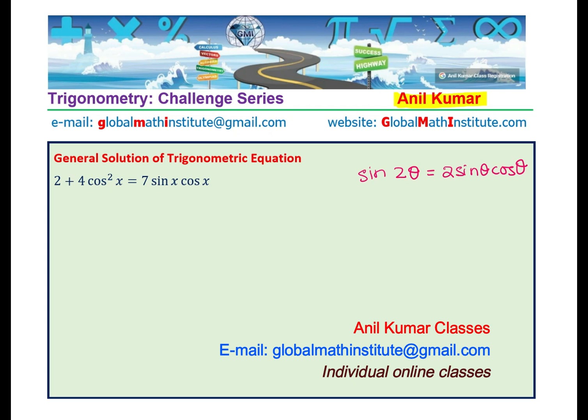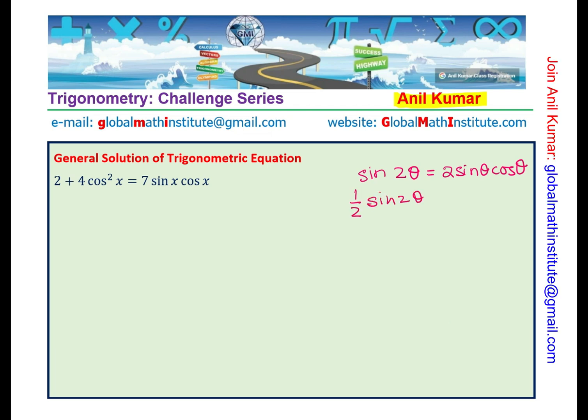You can also say that sine theta cos theta will be half of sine 2 theta. So that correlates to the right hand side, and we'll have 7 over 2 there.